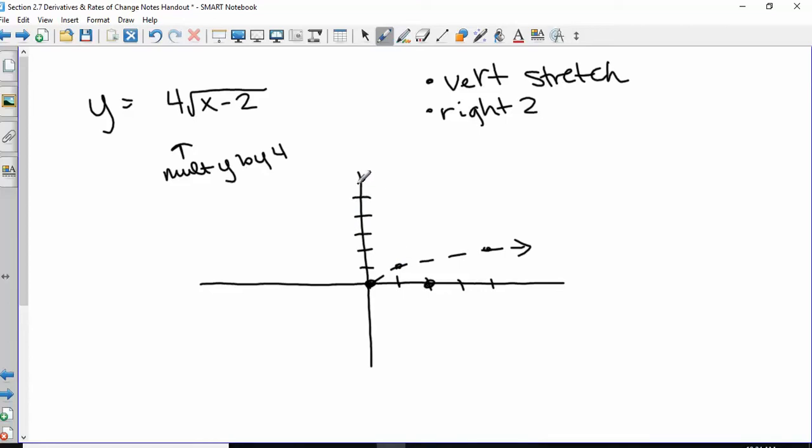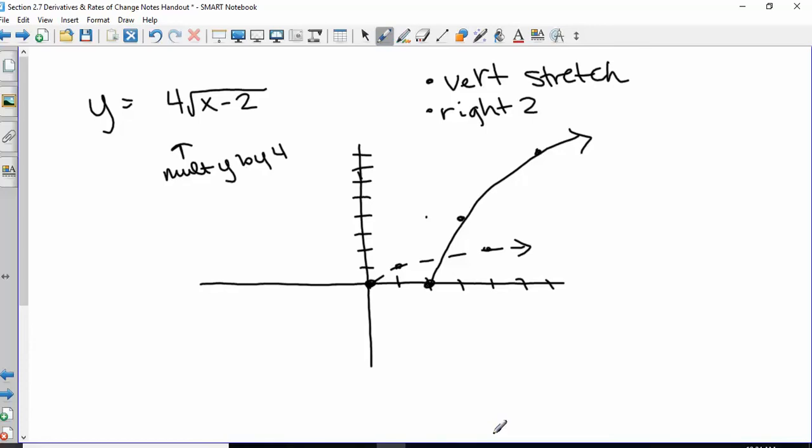This one has a y value of 1, so times 4 would be 4, and then right 2. Here a y value is 2, times 4 would be 8, and then right 2. So we get something like that.